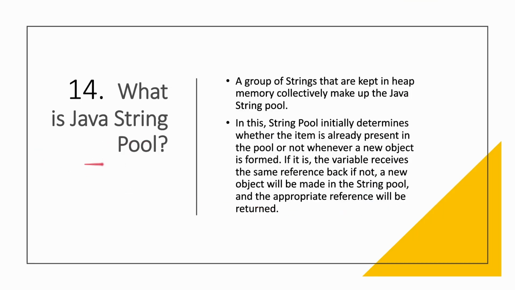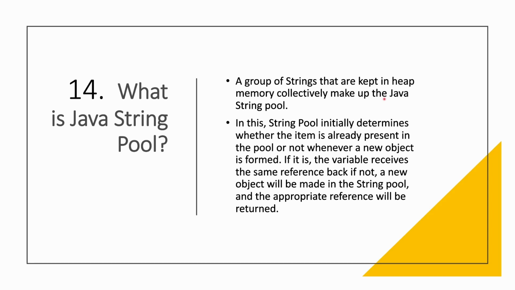Now, what is the Java string pool? I have explained this in detail in the Java string video, but this is a very common interview question. A group of strings are kept in heap memory collectively, and that makes up the string pool. The string pool initially determines whether the item is already present in the pool or not.